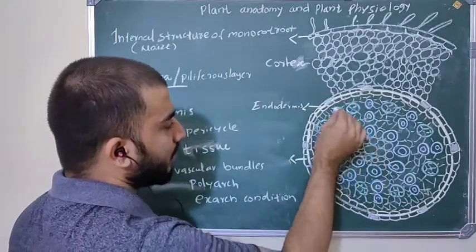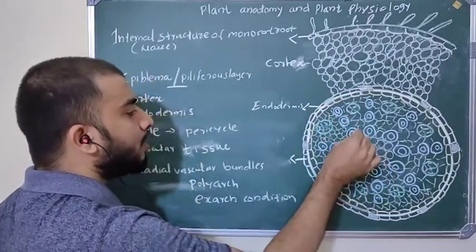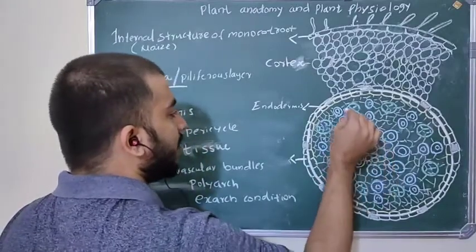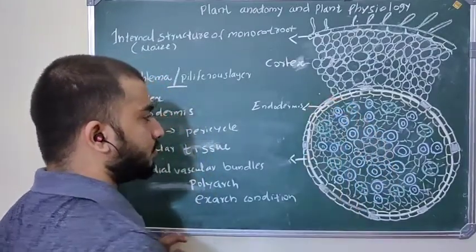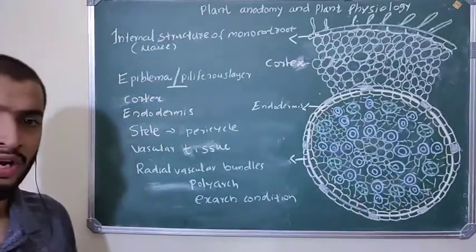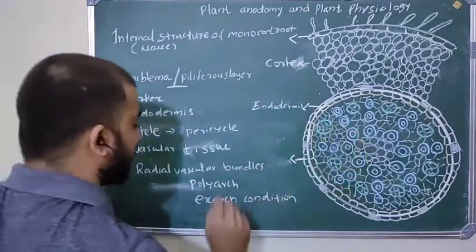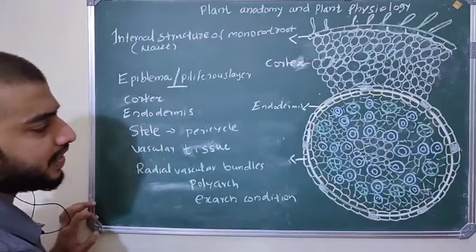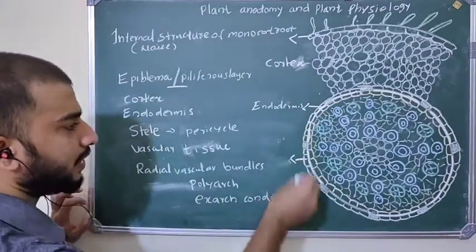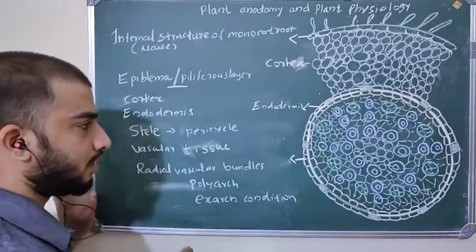So in this xylem patch, the arrangement is metaxylem to the inner side and protoxylem to the outer side. That arrangement is called exarch. So xylem is exarch and polyarch, and the vascular bundle is radial.